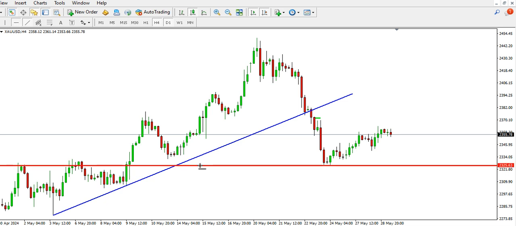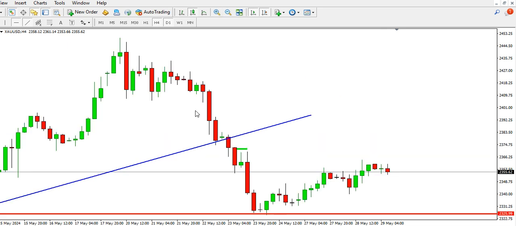Okay, we have a drop to coincide with this particular structure. So for now, on the 4-hour time frame, we have this bearish leg, okay, and then we have a retracement.